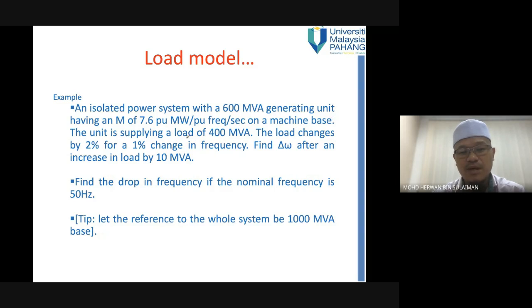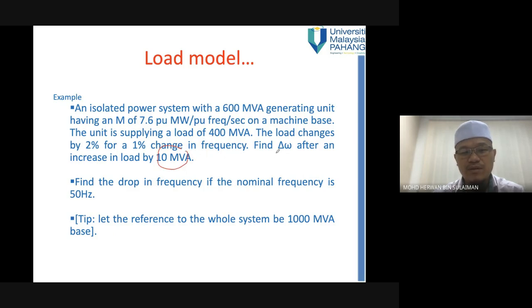The unit is supplying 400 MVA, so your load is 400 MVA. The load changes by 2% for a 1% change in frequency, meaning the load changes by 2% for each 1% change in frequency. Find delta omega after an increase of load by 10 MVA. So suddenly you have delta PL of 10 MVA.